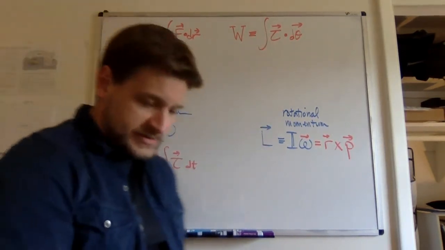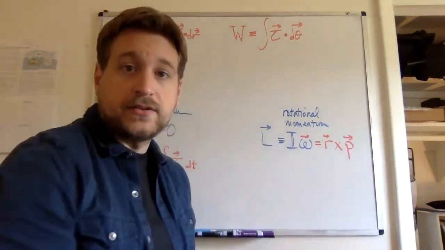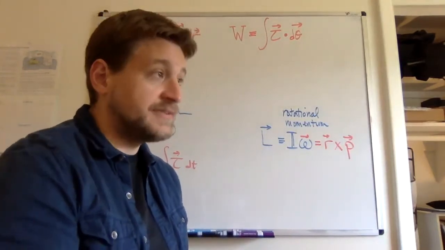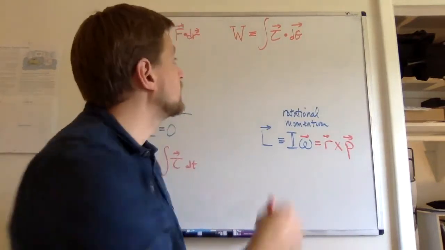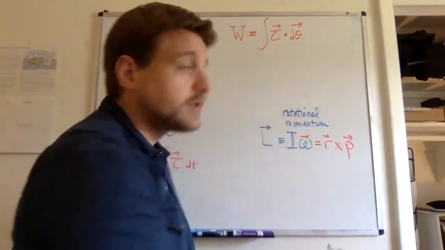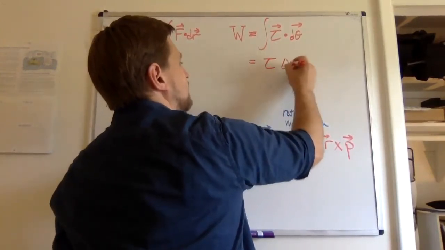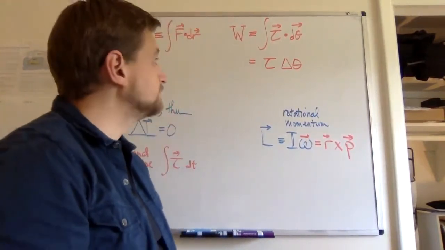In any situation we're talking about, the torque and the angular displacement are going to be in the same direction, or at least either parallel or anti-parallel. They're along the same axis. So this almost always reduces to the torque times delta theta.